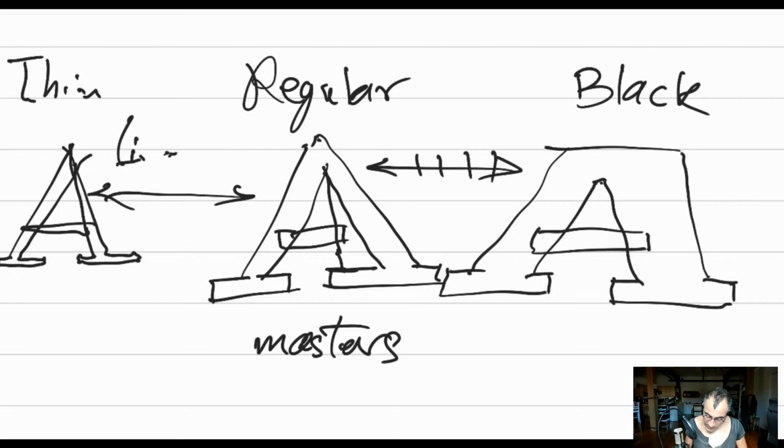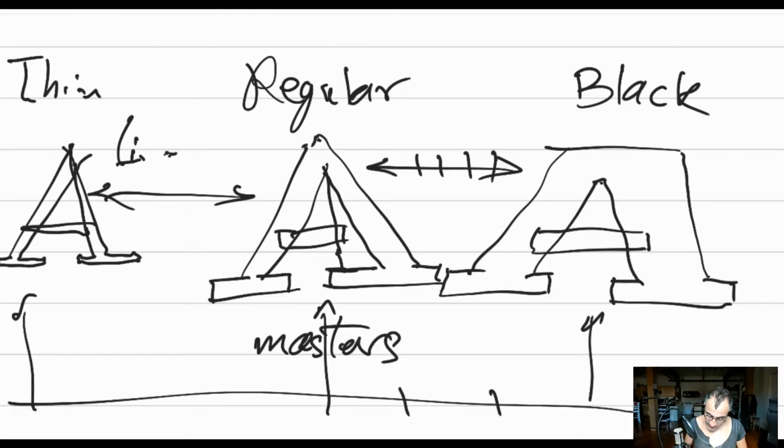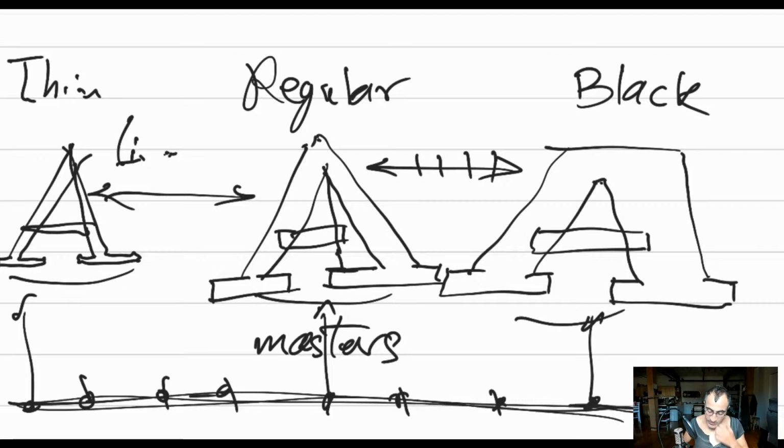So they might design these three, and then they used to ask the software to fill in the gap and generate, say, nine instances in total. And then one day I thought, well, this is stupid. We should just ship the originals and do the interpolation at runtime. And that's what variations enable.